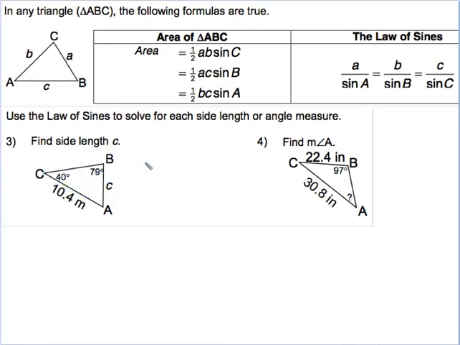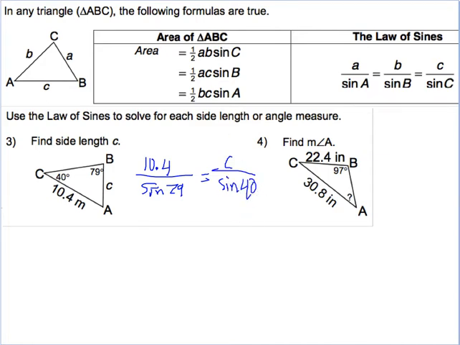So let's set up our proportions. I have 10.4 divided by the sine of 79, equal to side C divided by the sine of 40.